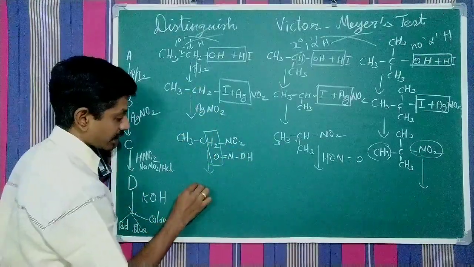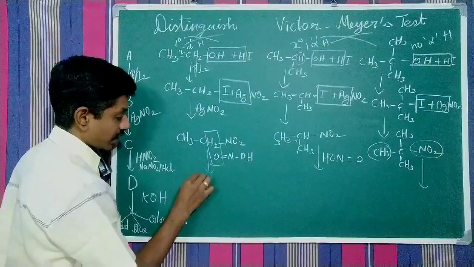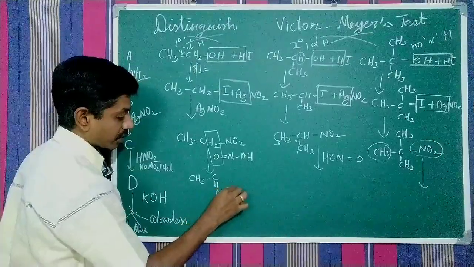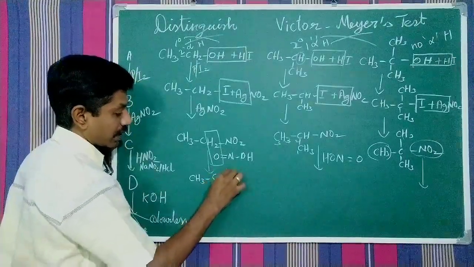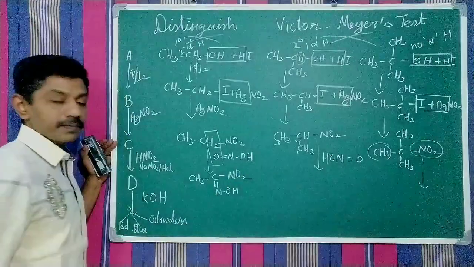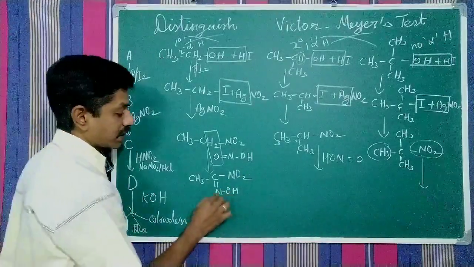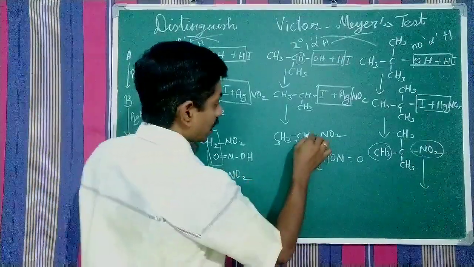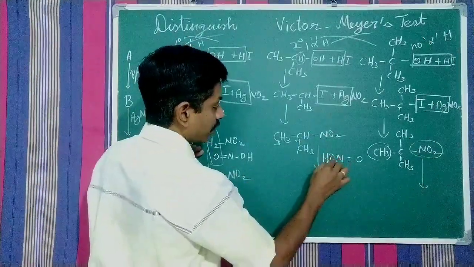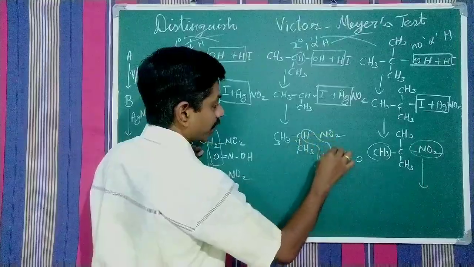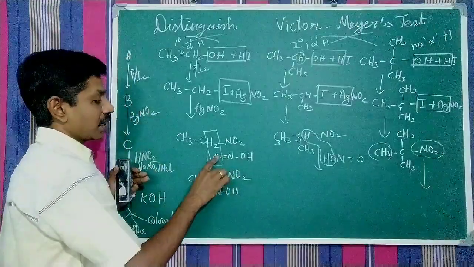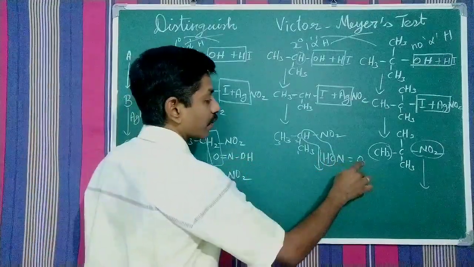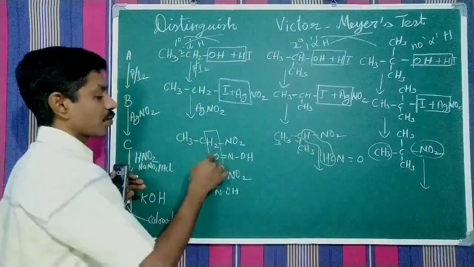So look at the product carefully. CH3, C double bond NOH and NO2. This is an oxime, or they say nitrolic acid. And here you can see the molecule of water can be removed this way. You should understand. Here I am writing HONOH. Here HONO. The reason is I am trying to remove the water.